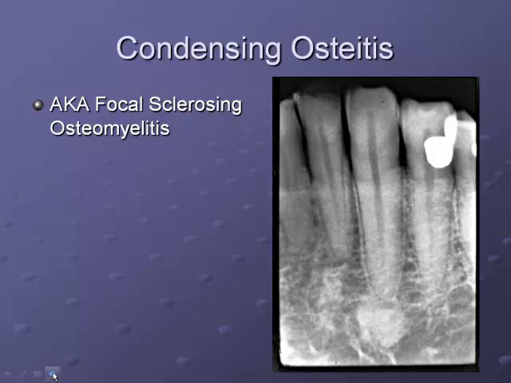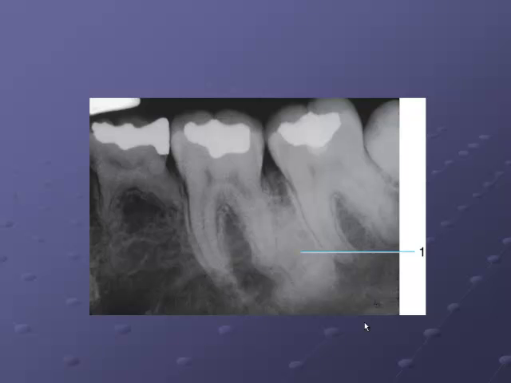Here you can see condensing osteitis, or focal sclerosing osteomyelitis. In this radiograph, labeled as number 1, a well-circumscribed focal opacity below the apex of a non-vital or carious tooth is seen here, called condensing osteitis, or focal sclerosing osteomyelitis.